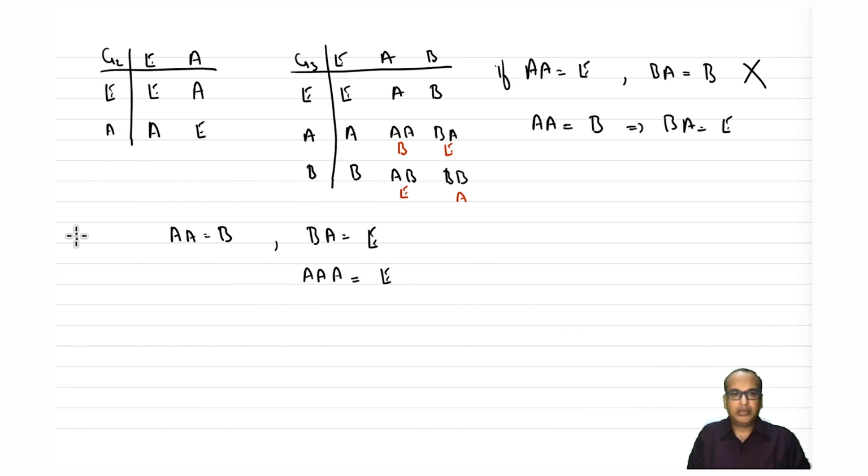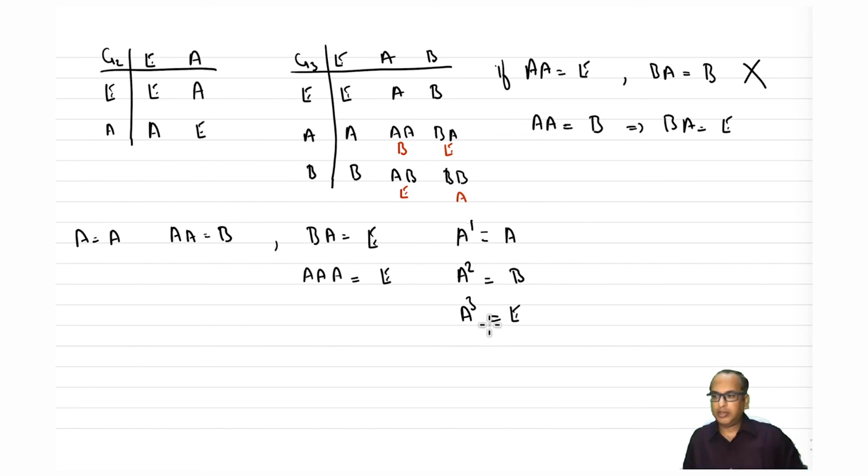So if you correlate, A to the power 1 is equal to A, A to the power 2 is equal to B, A to the power 3 is equal to E, right?